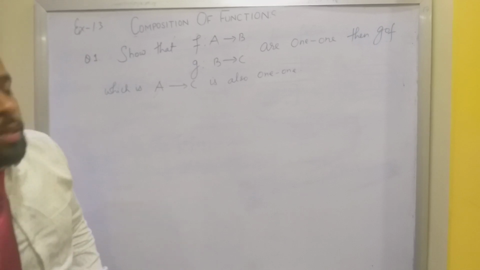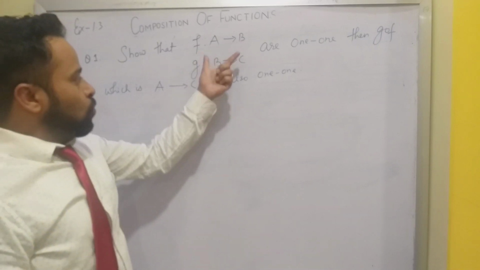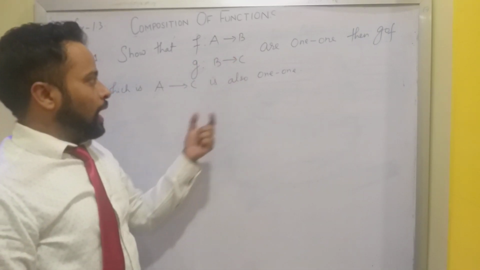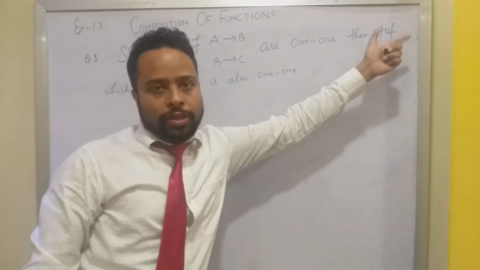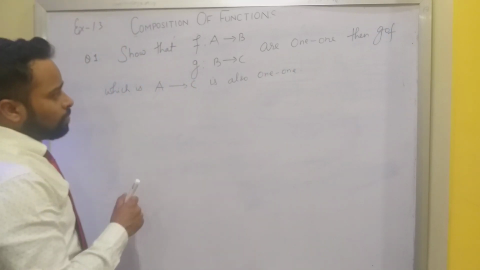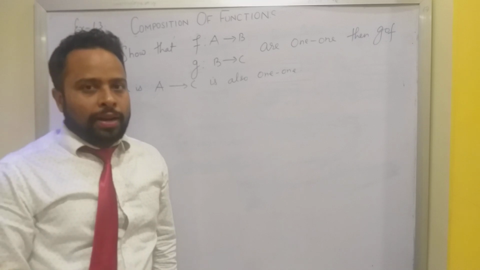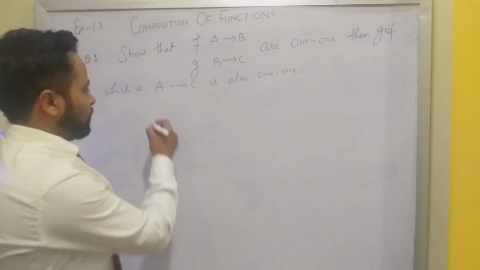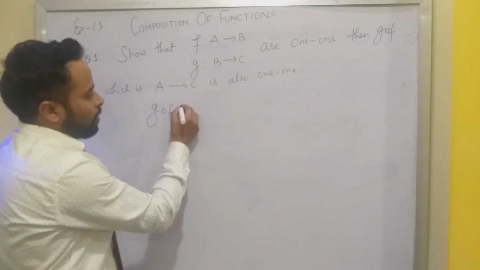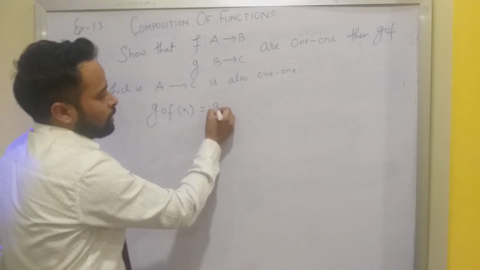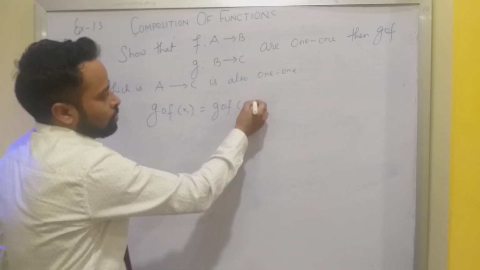The reason is F is 1 1, G is 1 1. I need to prove GOF is also 1 1. So our old strategy, whenever we prove 1 1, what we do? GOF of x1 equals to GOF of x2.